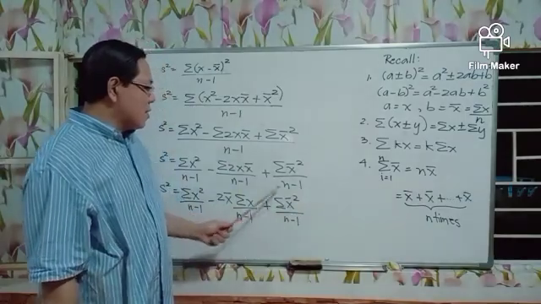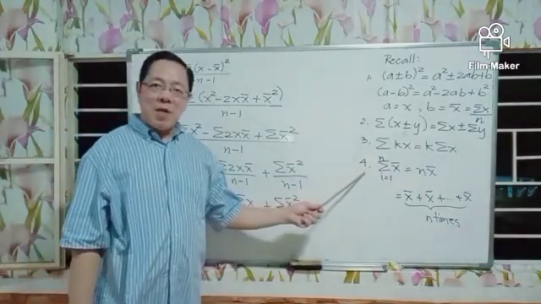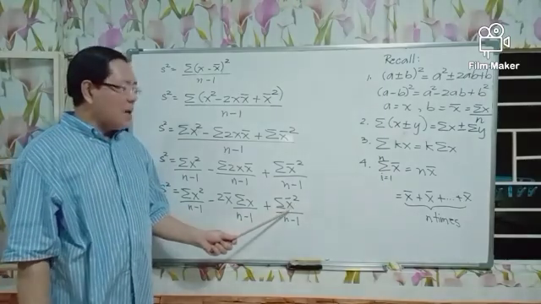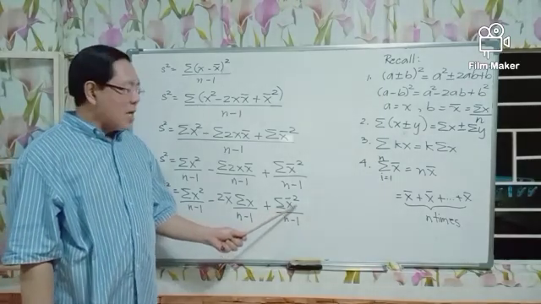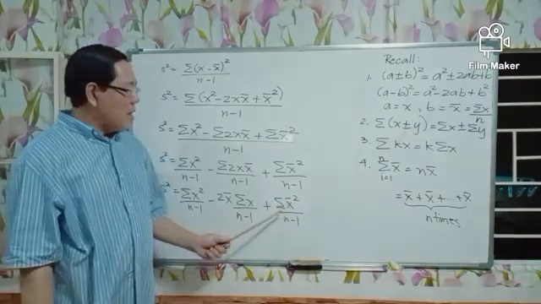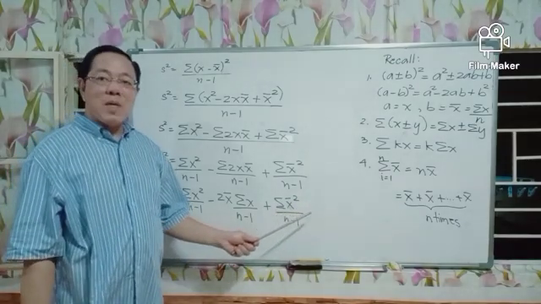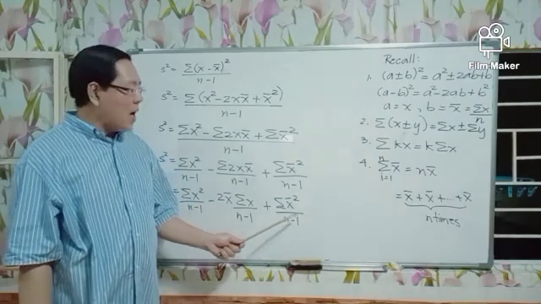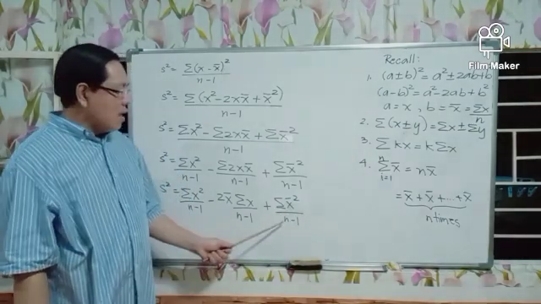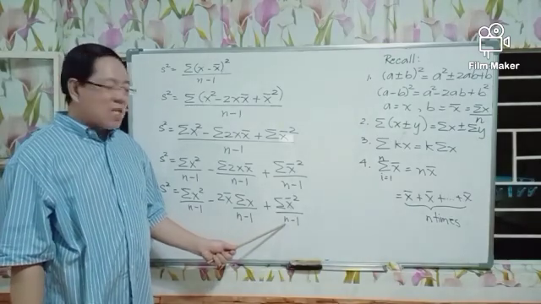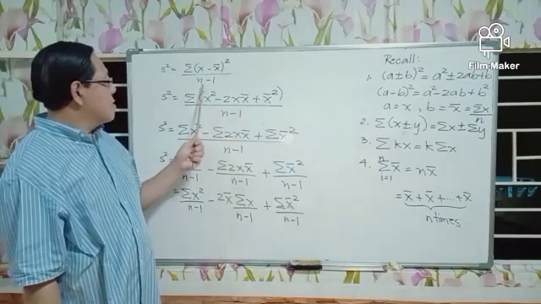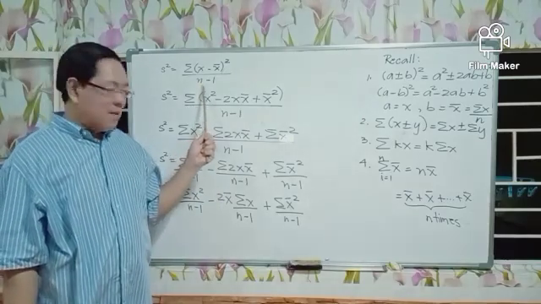And in the last term, applying this property of summation, the constant is x bar squared. X bar is a constant, raised to the power 2, x bar squared is still a constant. And summation of x bar squared means that we have to add x bar squared to itself n times, because our sample size in this formula is n.